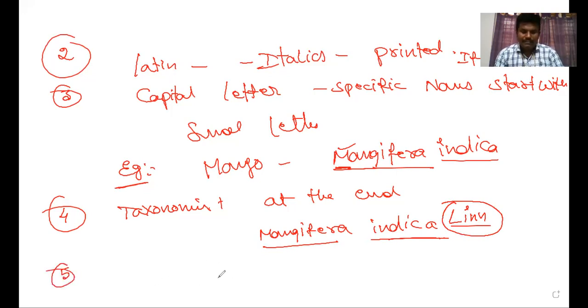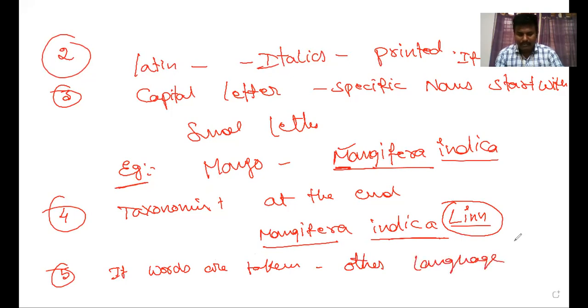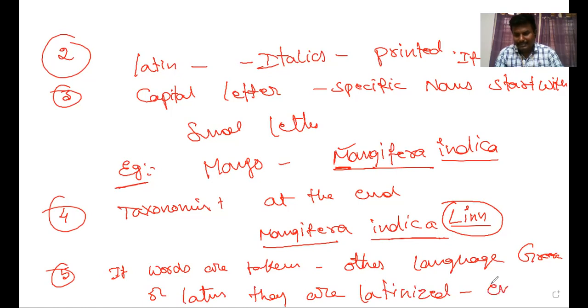Fifth, if words are taken from any language other than Greek or Latin, they are Latinized with suitable endings. For example, take the banyan tree.